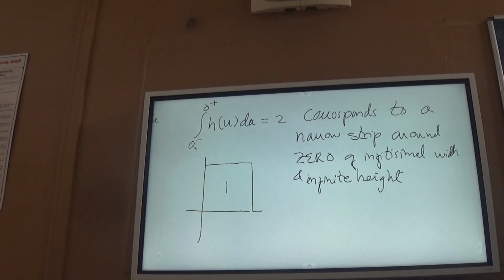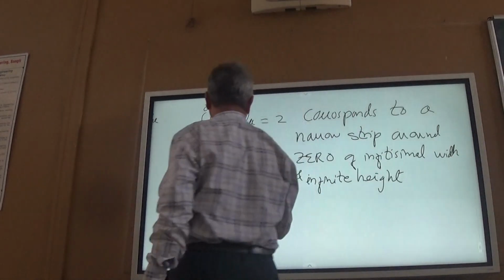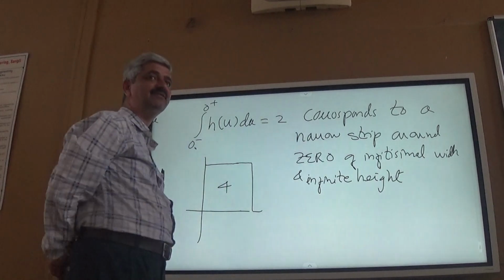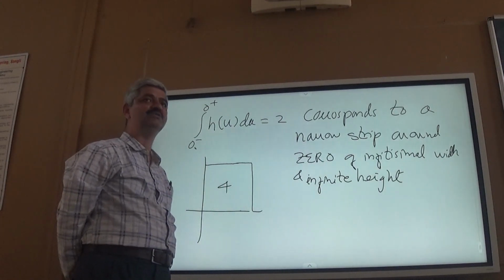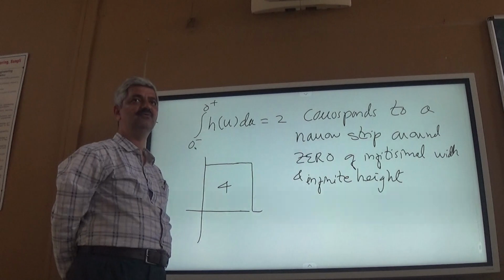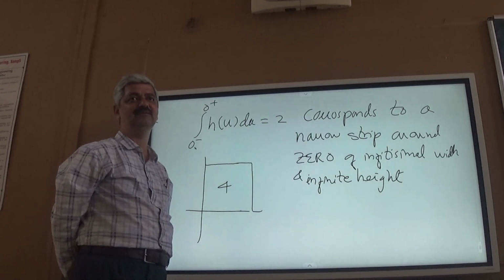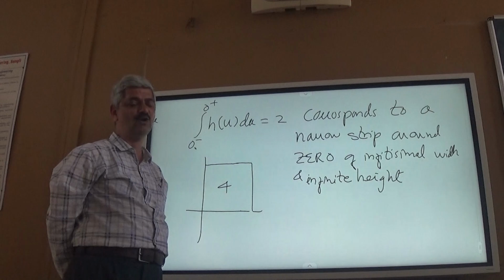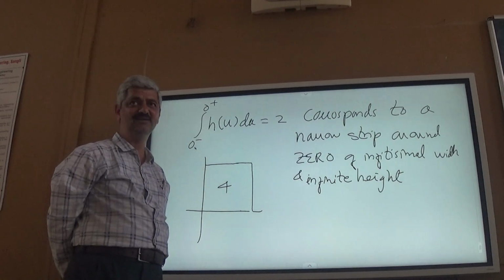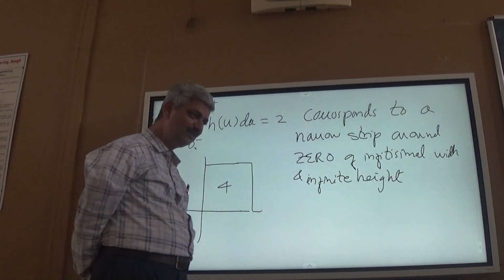So what would be the area of a rectangle with infinitesimally small width and infinite height? Suppose I had started with a square of area 4 and done the same process. After infinite iterations, the width is infinitesimally small and the height is infinitely large.